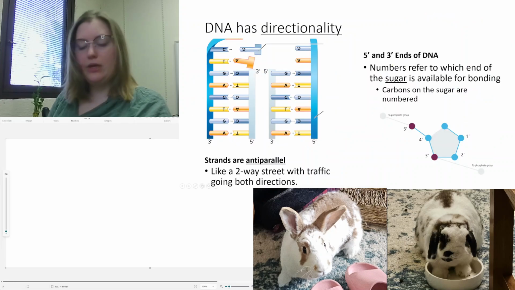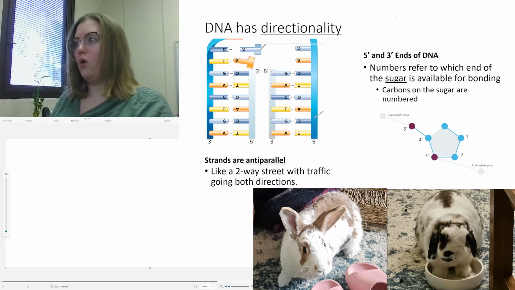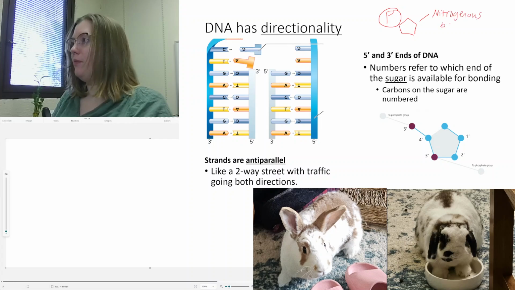All right, so the next thing we need to know before we talk about DNA replication is that DNA replication, or DNA in general, has directionality. Okay, and what I mean by this is that our nucleotides, remember we have our sugar, we have our phosphate, and we have our nitrogenous base, right?